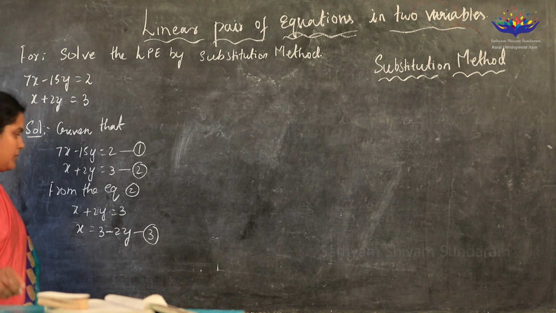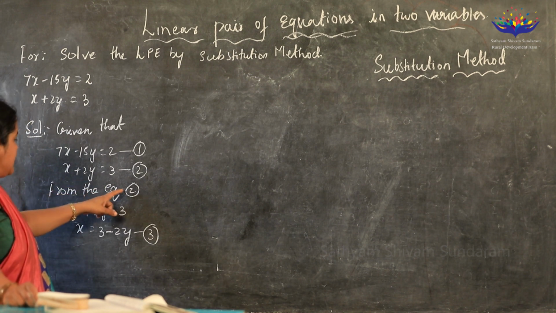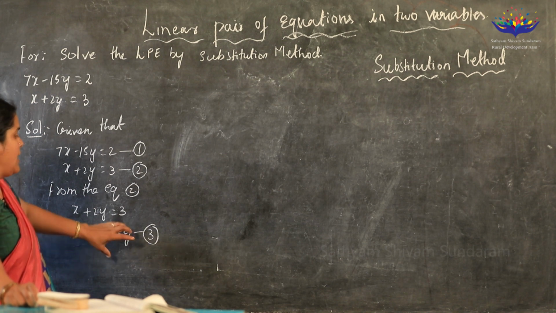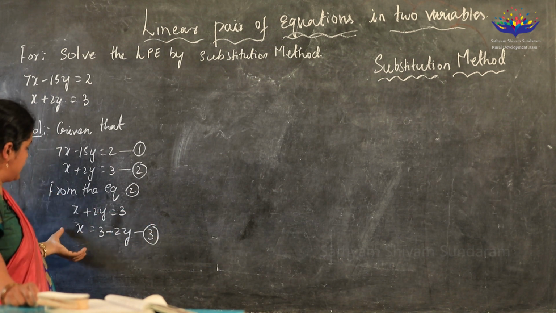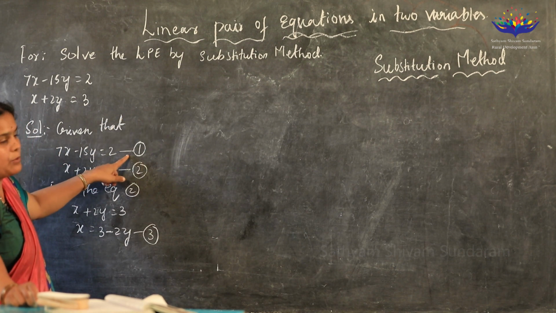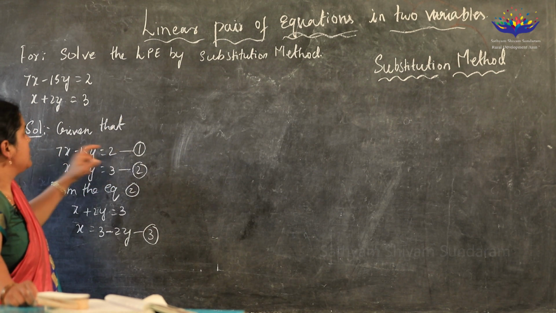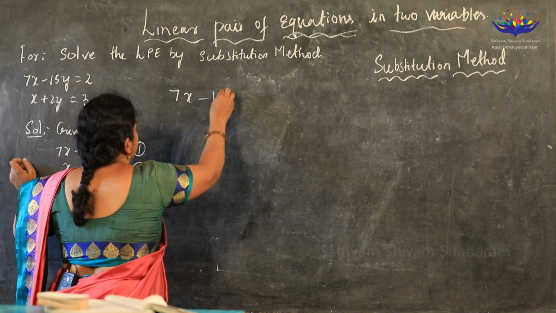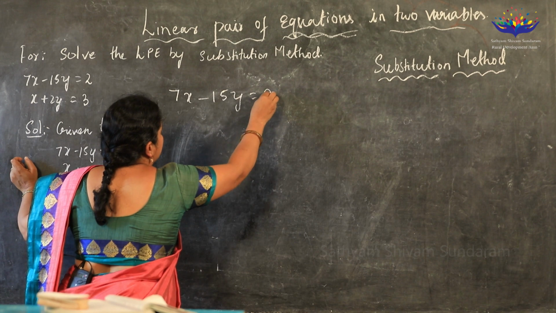Now from the second equation we found that x is equal to 3 minus 2y, and this x we have to substitute in equation 1, that is 7x minus 15y is equal to 2.